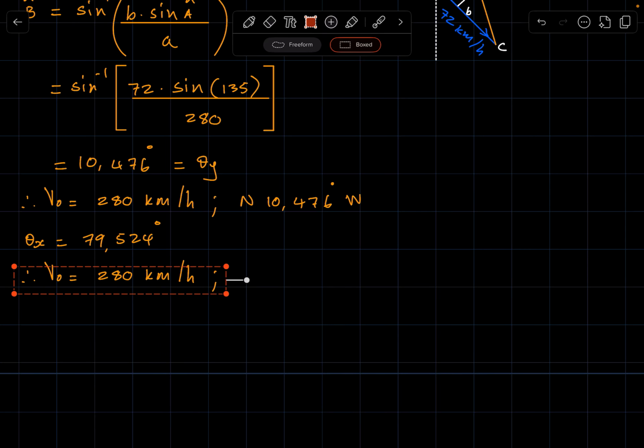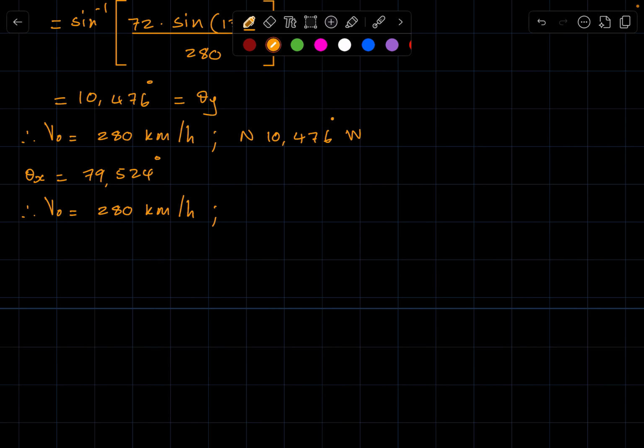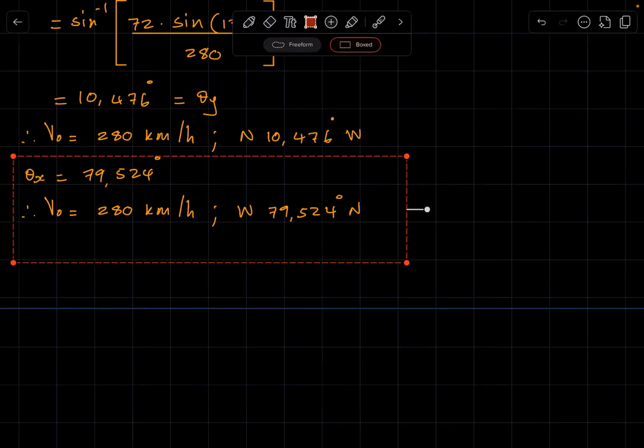If you reference your angle from the x-axis, your direction would then be, because the angle is referenced from the x-axis, west first. So this would be west 79.524 degrees north.